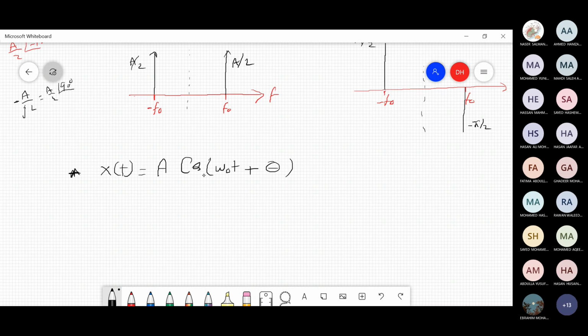But I can write this one as A over 2, which becomes e to the power of j omega naught t plus theta plus e to the power of minus j omega naught t plus theta. Well, this one I can split into 2.